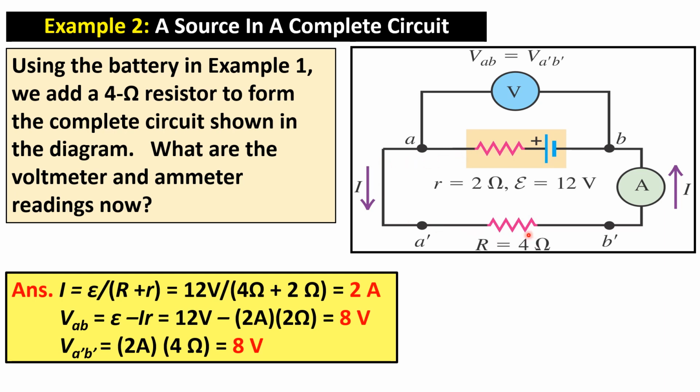For example, if the resistor is a bulb, the electrical energy carried by the electric field will be converted into light energy, and hence the bulb glows.